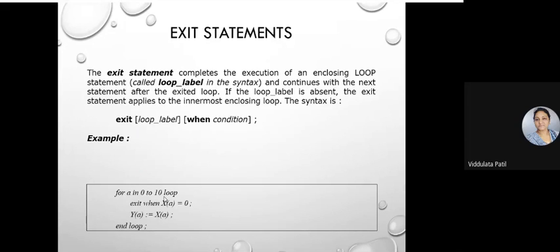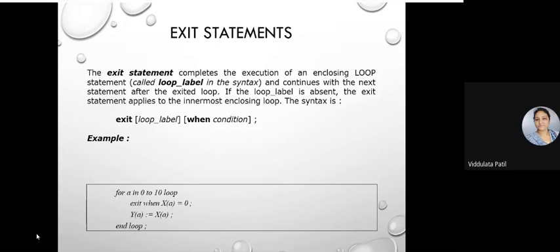So here we have the example, that is a for loop. Here we have used a for loop, for a in 0 to 10, then loop, exit when x of a is equal to 0, or and then y of a is equal to x of a, and end loop. Now, what will happen here? Whenever the x of a value becomes 0. Now there may be a certain equation inside this loop.